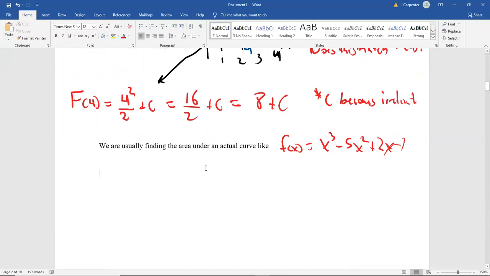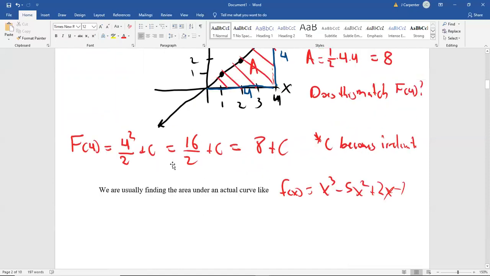So for now, what could we do using basic geometry? We can approximate the area under the curve by dividing it into many small rectangles.